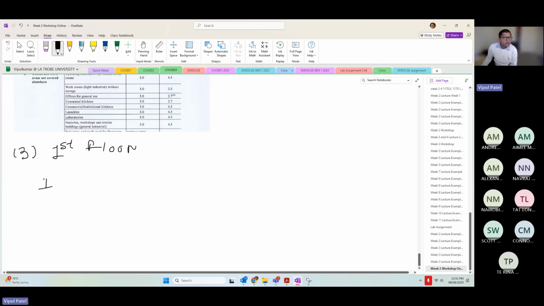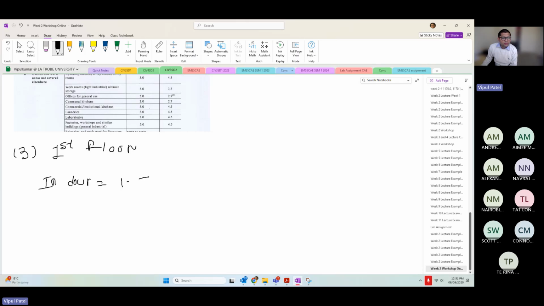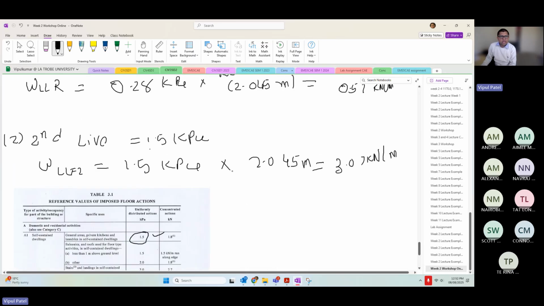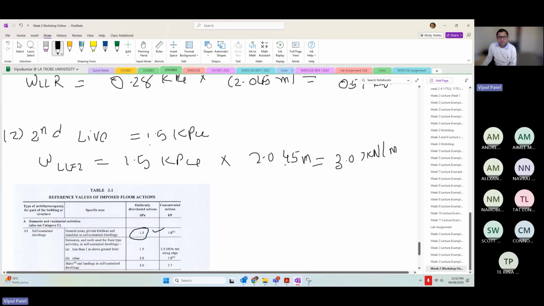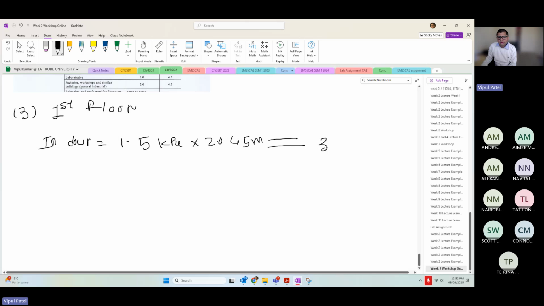So indoor you are going to get the same 1.5 kilopascals multiplied by 2.045 meters. Same like our dead load, right? Remember, dead load was the same for the second floor and first floor. So 3.07 kilonewton per meter as indoor.